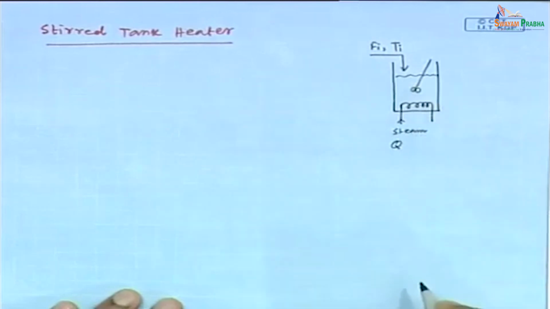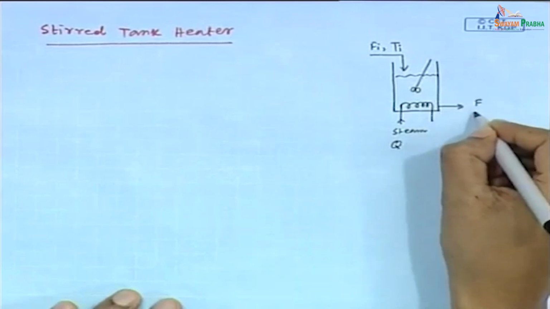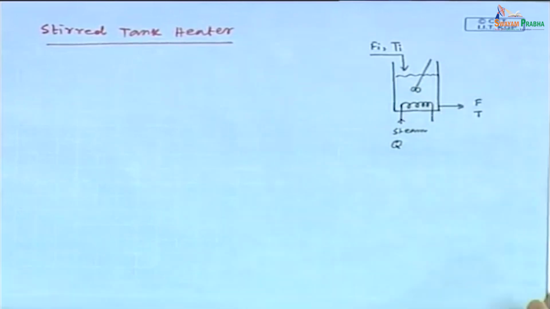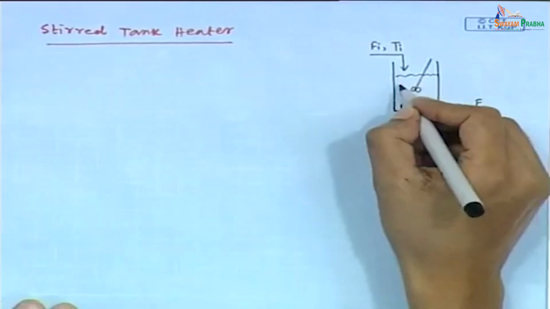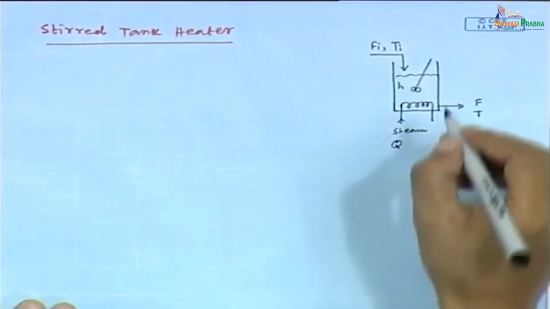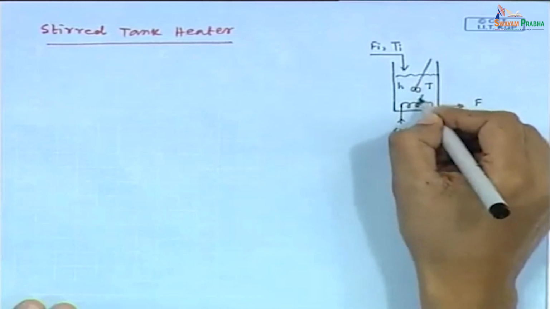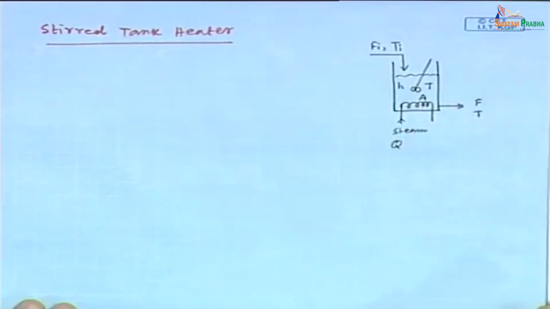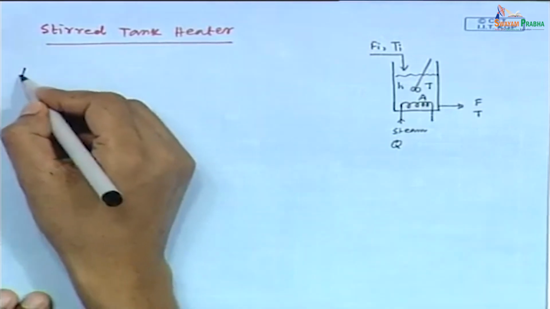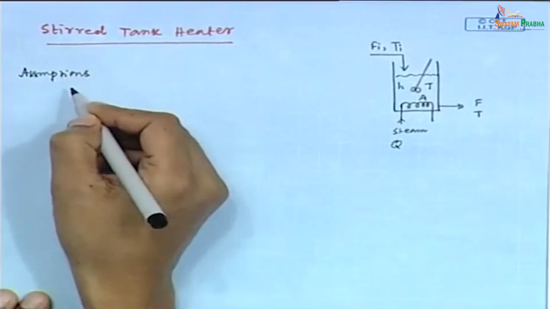Suppose the flow rate is Q. The outlet flow rate is F and temperature is T. Now, the liquid in the tank has a height of H, temperature here also T, and the cross sectional area of this tank is A. Now, before going to develop the model, we need to consider some assumptions.